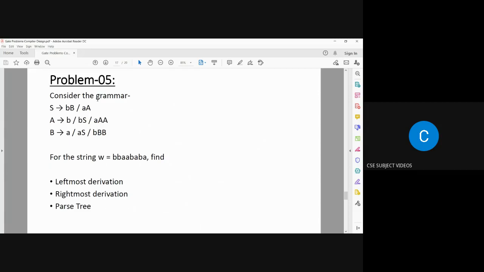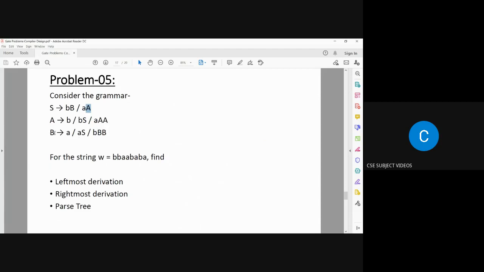Problem. Consider the grammar. S derives terminal B, non-terminal B, slash terminal A, non-terminal A. And the next production, A derives terminal B, slash terminal B non-terminal S, slash terminal A non-terminal AA.